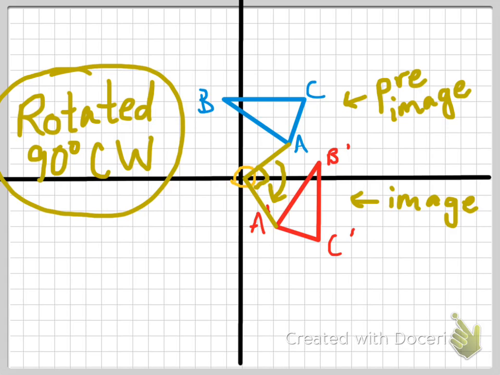So that's how you can tell how an image rotated. You can tell which direction, and then also the angle at which it rotated around the origin. If you need to, you can draw a line from a certain point to the origin and then to the correlating point to the origin also, and find out what the measure of that angle is.